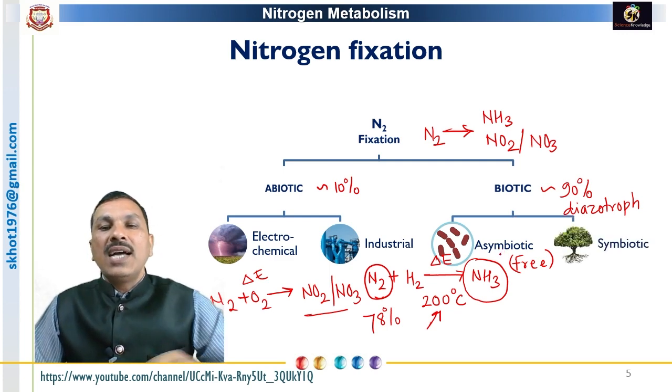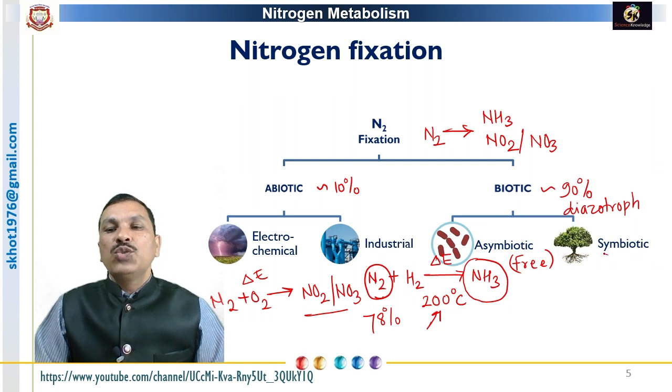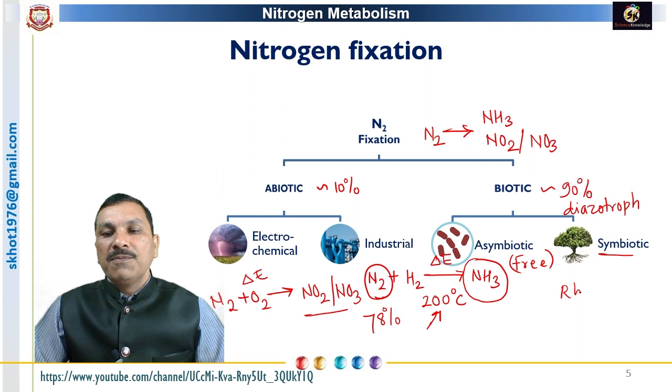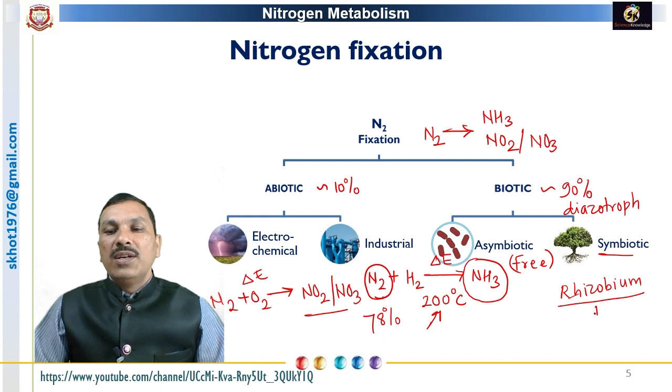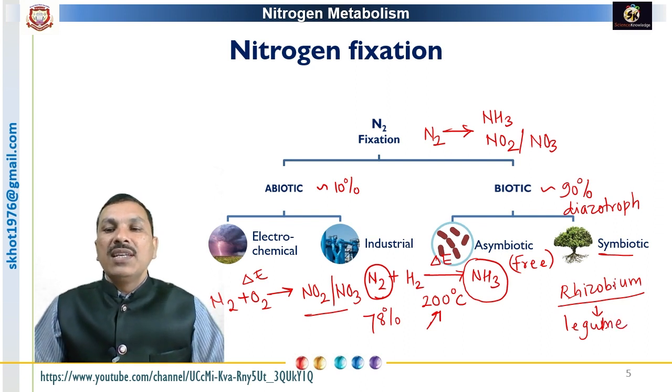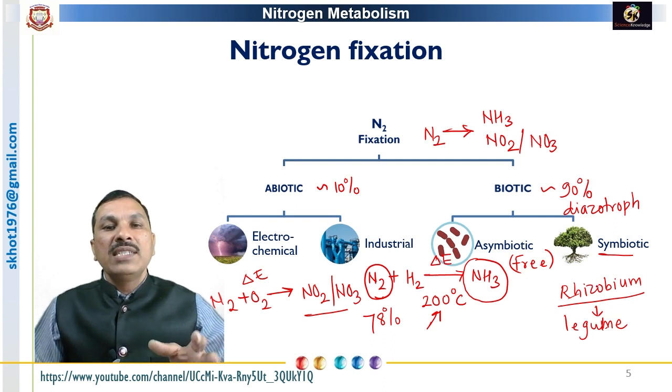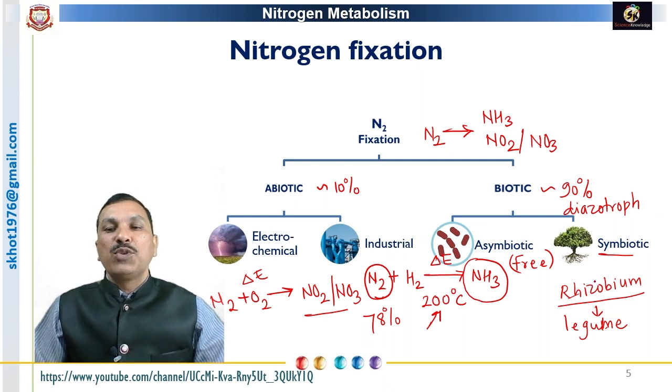Whereas certain other diazotrophs show association with a host plant. For example, Rhizobium shows association with root nodule plants, that is the leguminous plants. So they will have association with the legumes, and in association they will carry out the nitrogen fixation process.